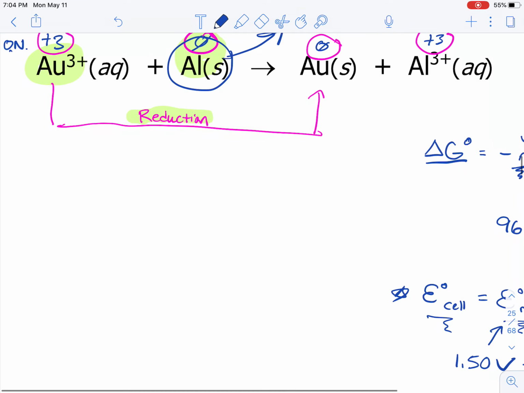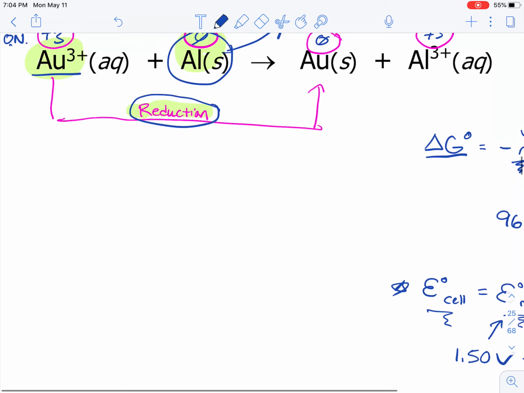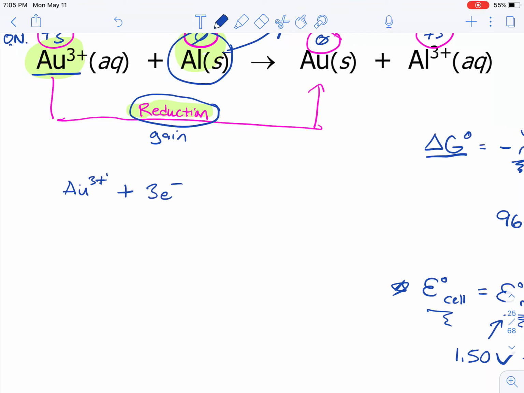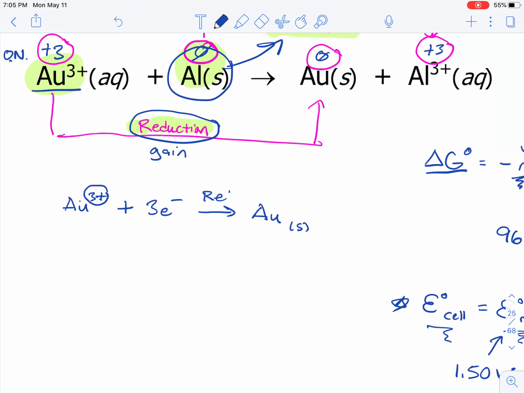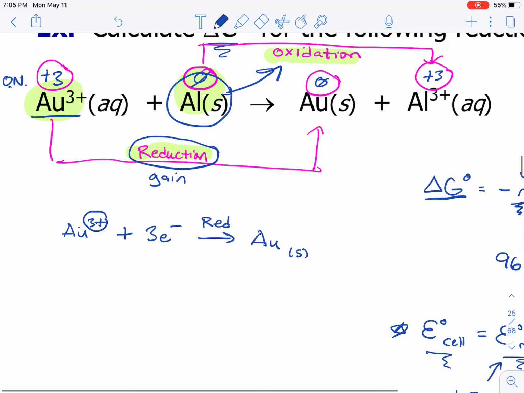And so for gold, for it to undergo reduction, it must gain an electron. And so gold will have to gain 3 electrons for the positive 3 to cancel out so that it can be 0. Okay, and so this is describing my reduction half reaction.